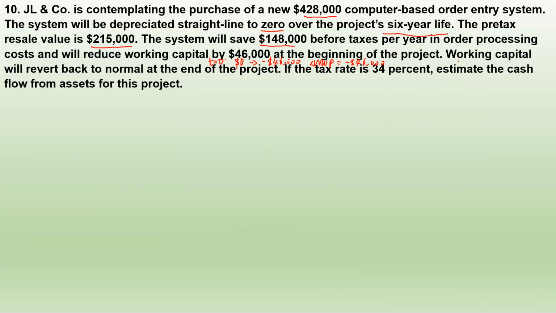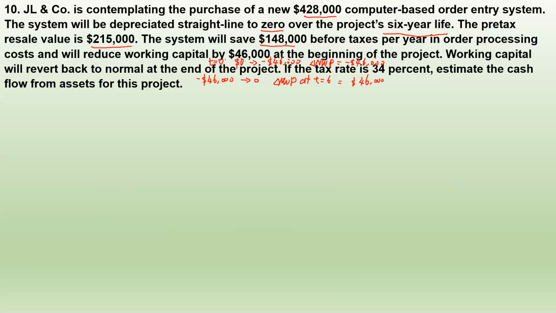And then the working capital will revert back to normal at the end of the project, which means it will change from negative 46,000 to 0. So the change in net working capital at T equal to 6 is positive 46,000 US dollars.